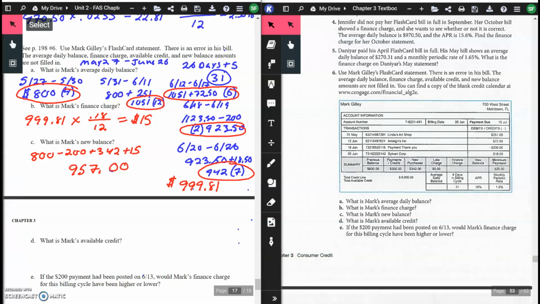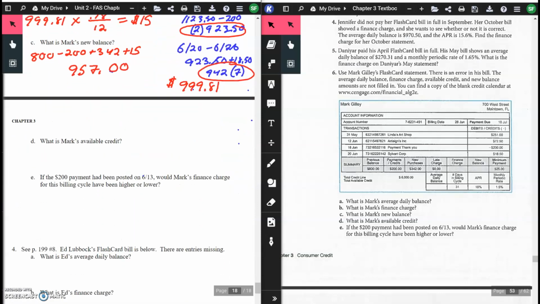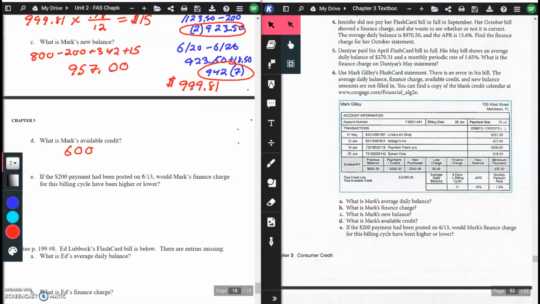Okay, part D. What is Mark's available credit? Okay, his available credit line was $6,000. So you take your $6,000 and you subtract off his current balance, which is $957, gives you a total credit available of $5,043.